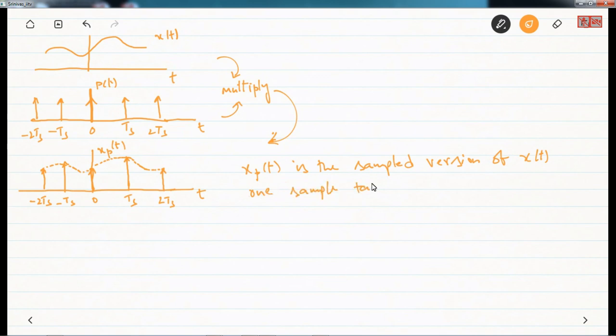In Ts seconds, one sample, then the next sample comes at another Ts, and so on. And then in the last class we started analyzing this situation in the frequency domain.